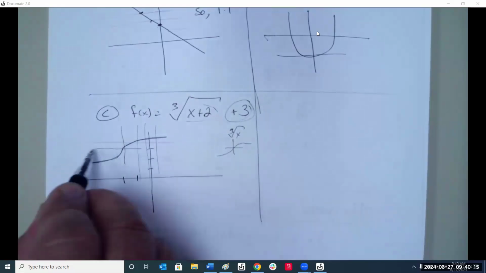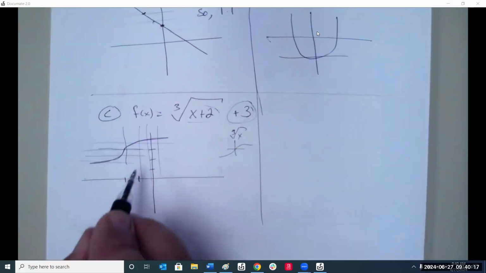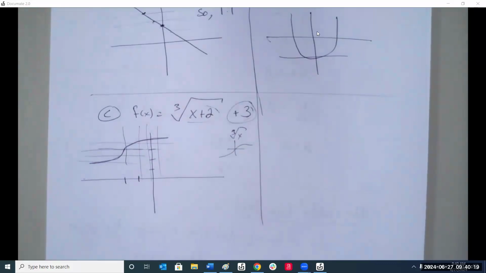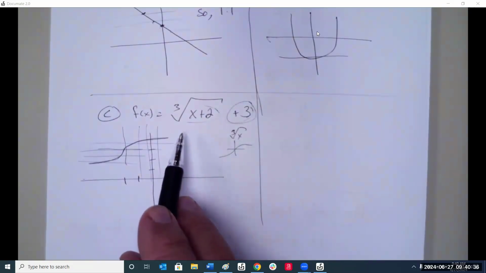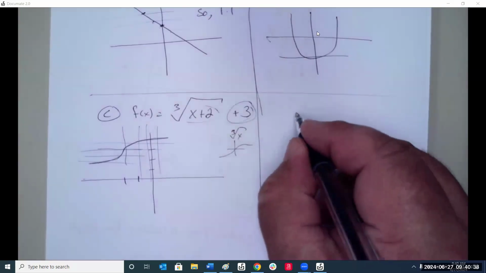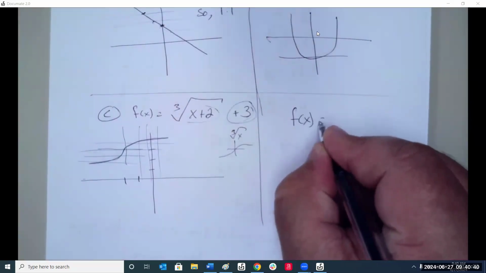But the horizontal line test proves that it's one-to-one, which means it has an inverse that's also a function. Well, let's find the inverse of this one.